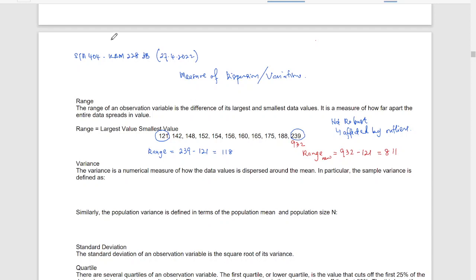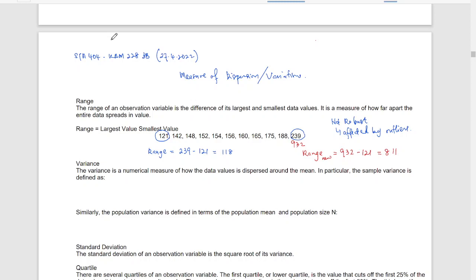Okay, so in terms of variation ataupun in terms of dispersion of a data set, if you want to compare using range, what you need to do is to find the range with the lowest value. So range with the lowest value means that the data is less dispersed or more consistent.